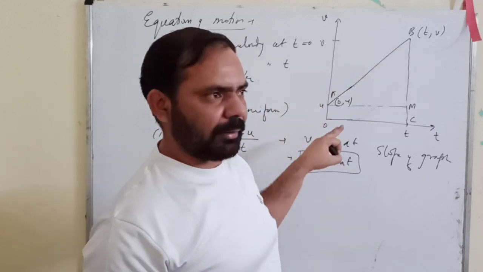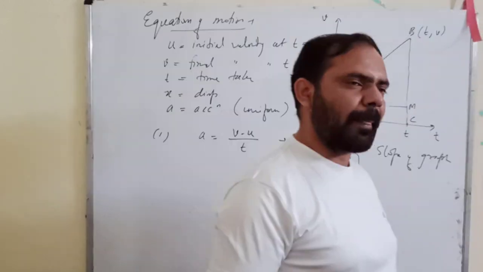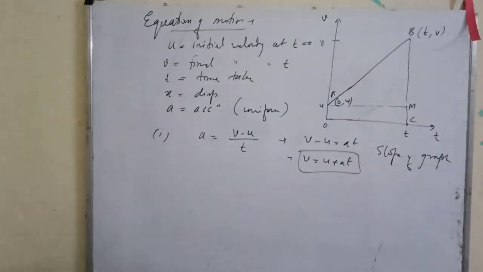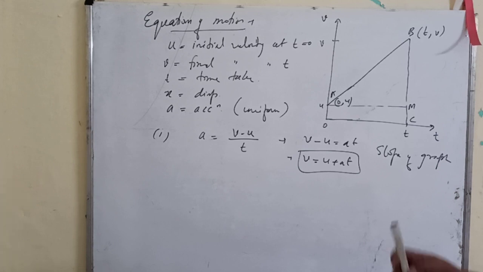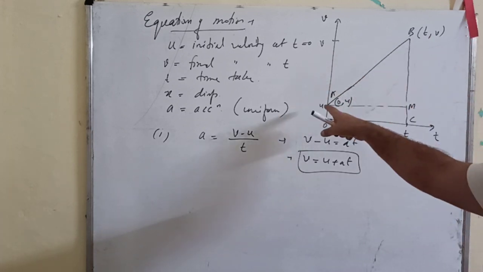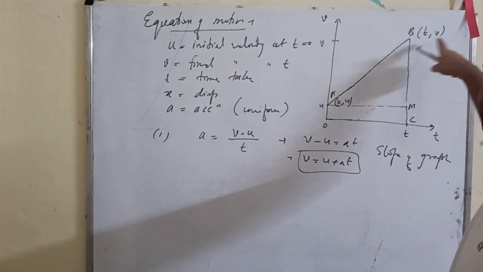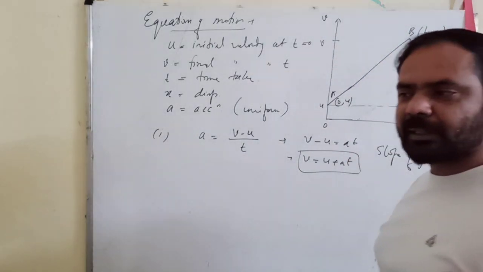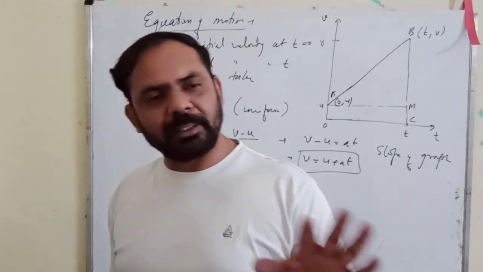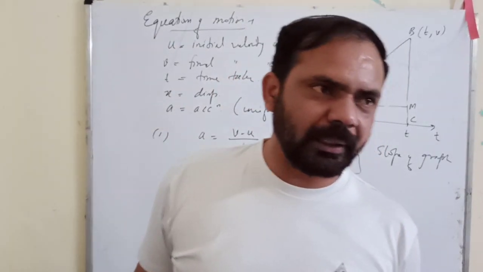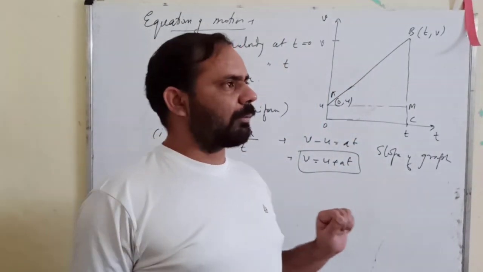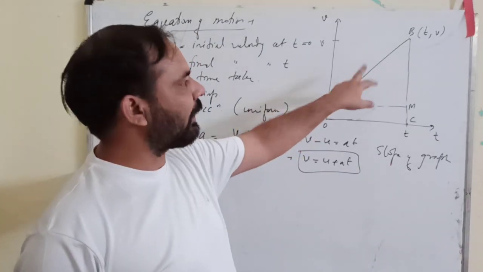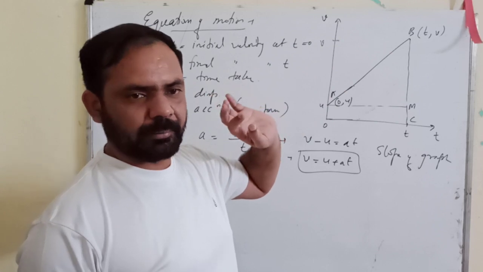Which acceleration here? Average or instantaneous? Yes, tell me. Average. Both, beta, both, because this is uniformly accelerated motion. I have mentioned here that in uniformly accelerated motion, average acceleration and instantaneous acceleration are the same. So whichever acceleration you are getting, instantaneous or average, you are getting the acceleration here, right?